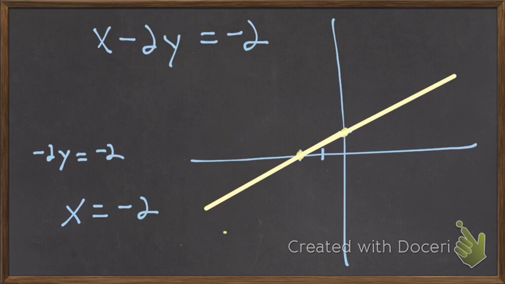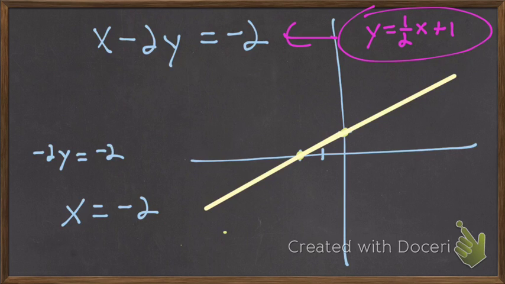So from the graph, you could go right back to y equals, my slope is up 1 and over 2, plus 1. These two equations are the same.